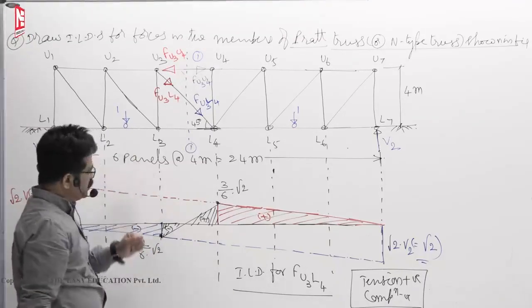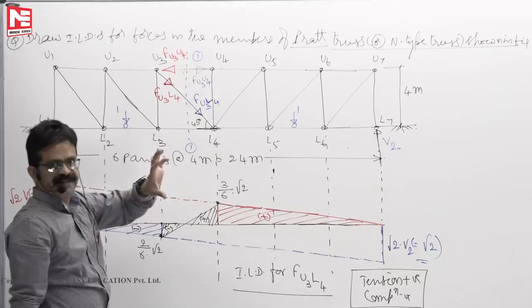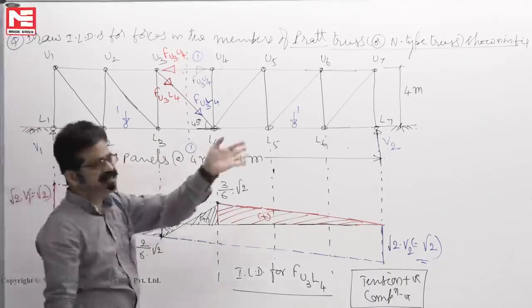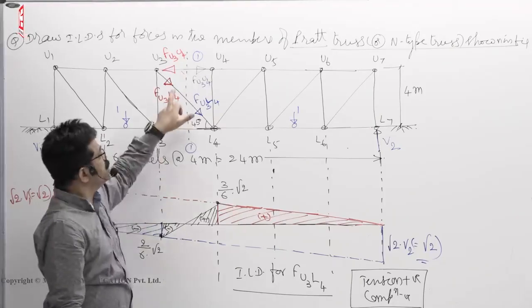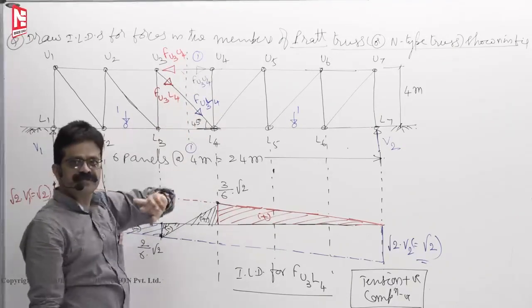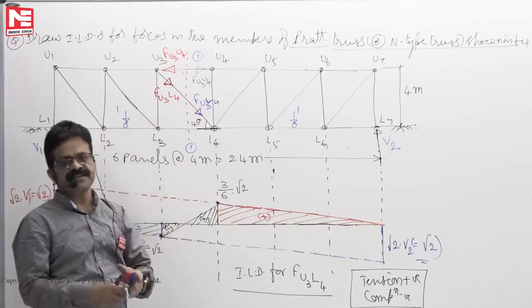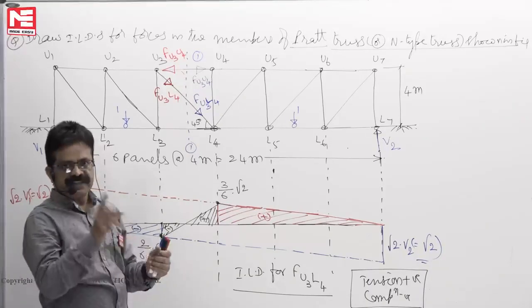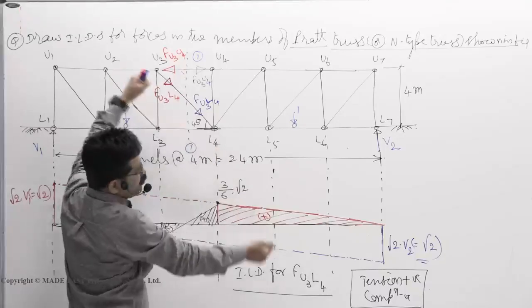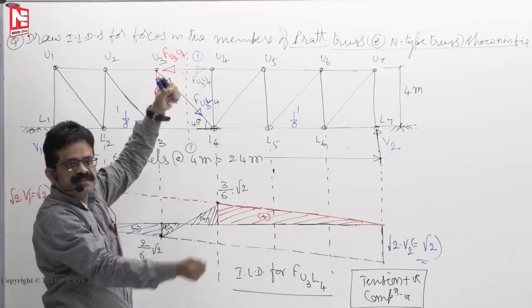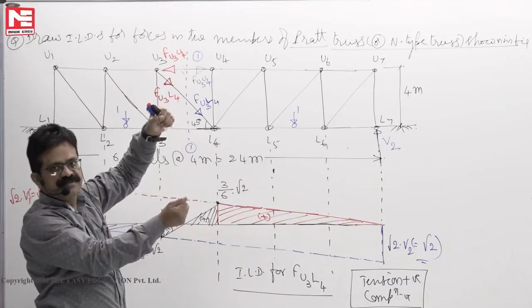So what this suggests is, in a day, supposing that 1000 times trains moved from here to there, from there to here, then 1000 times force in the member U3L4 changes its direction, compression to tension. That means 1000 times this member will be compressed, pulled, right? That is called stress reversal.